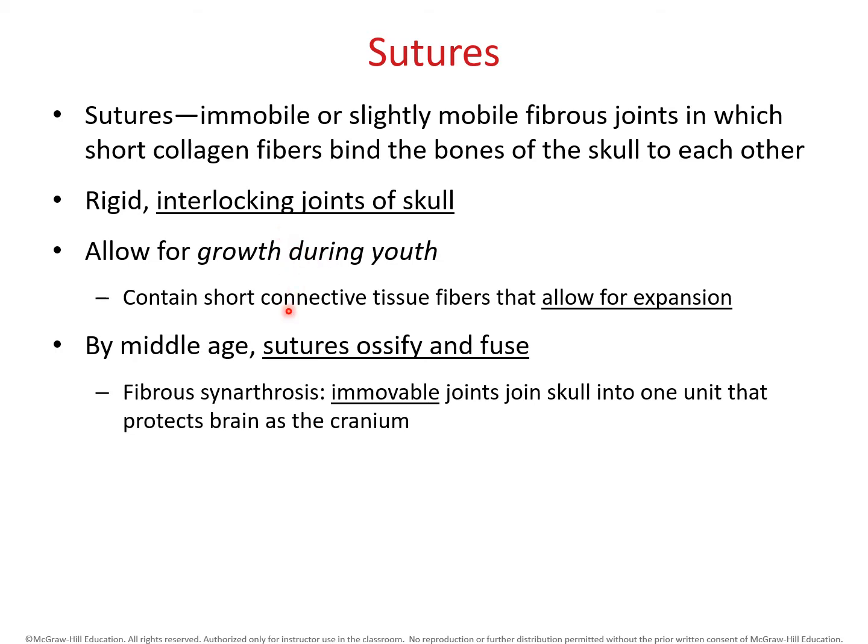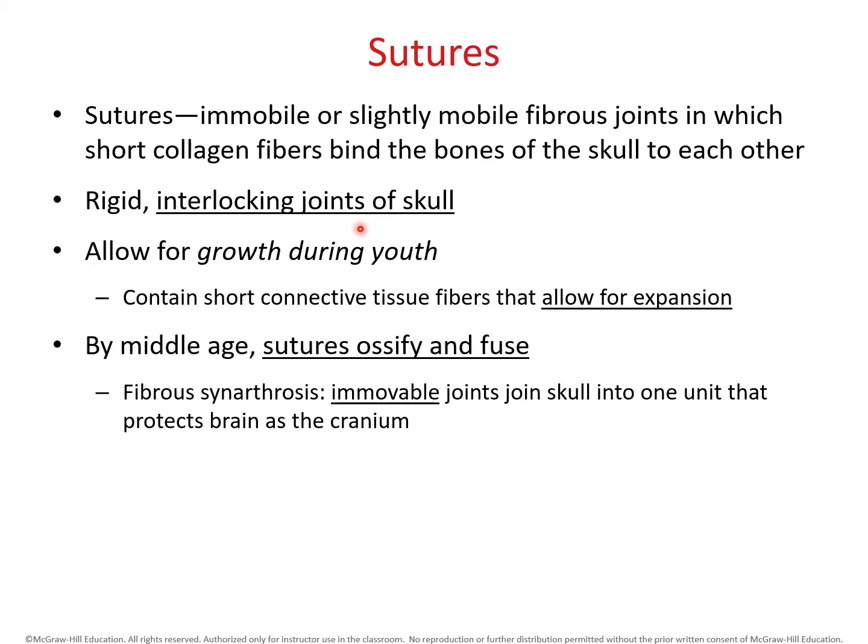Because when you're born, the bones of the skull are not completely fused together. You've heard of people saying soft spots, right? Like the baby has a soft spot. Well, yes, the baby does have a couple of soft spots on the head. And that's basically just connective tissue, cartilage.